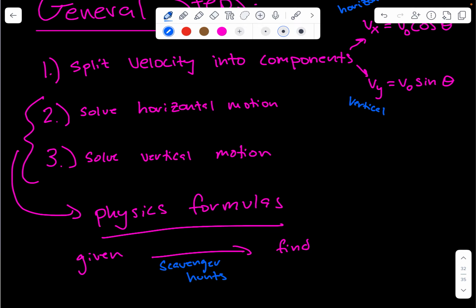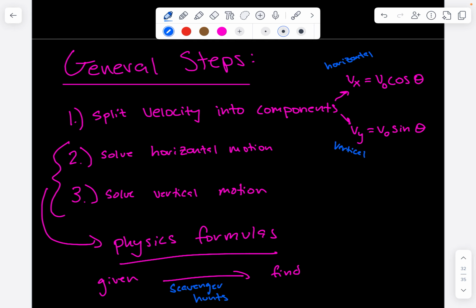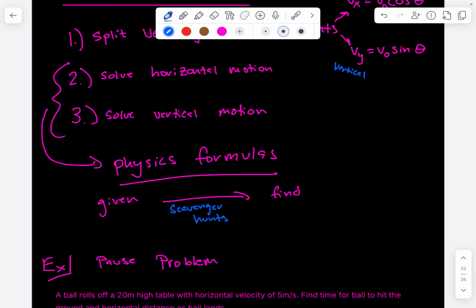Whenever I say going from given to find is a scavenger hunt, that applies to any single physics concept, and we'll work through that a little bit today. But I just wanted to put that in the general steps so that you are aware of the process. And with that being said, let's go ahead and get into our first example.